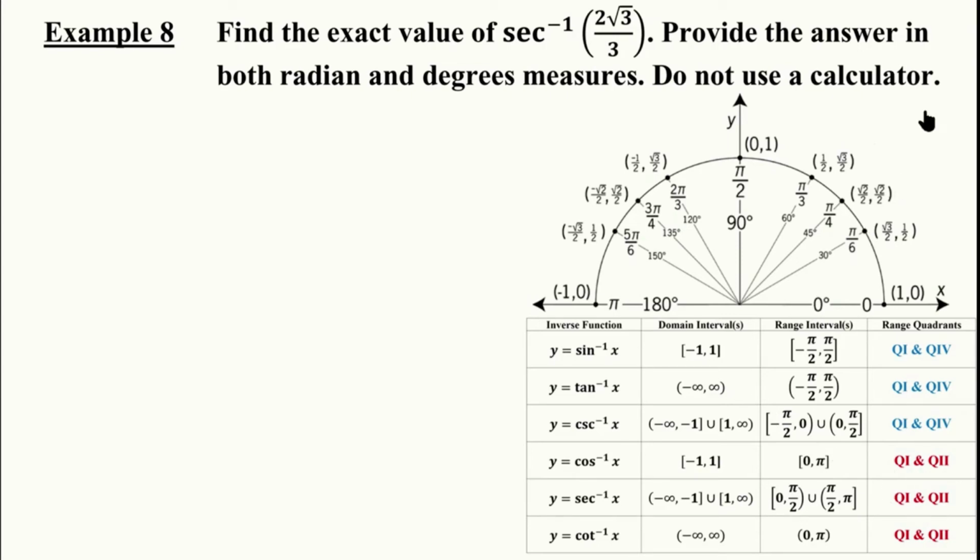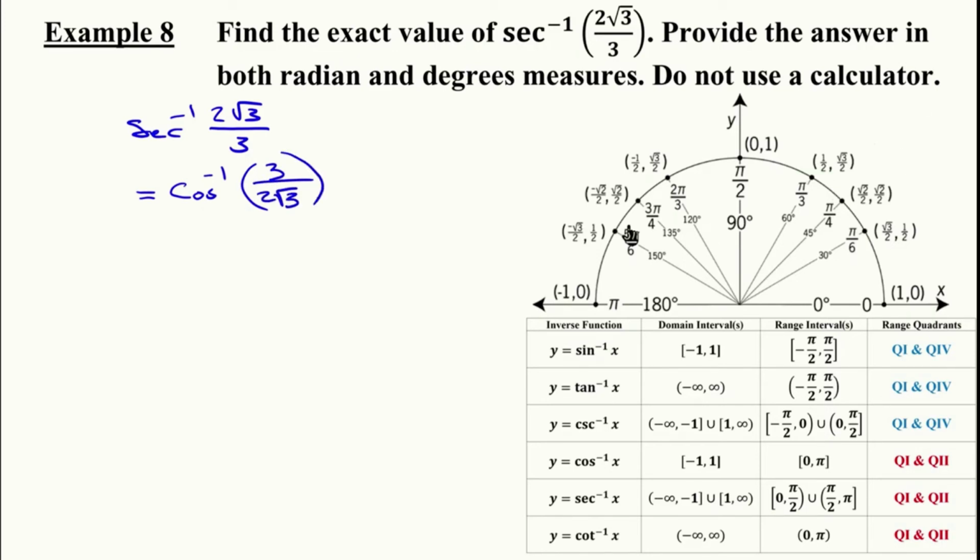All right, so this time we can just safely say inverse secant of 2 radical 3 over 3 is equal to the inverse cosine of the reciprocal of that, which is 3 over 2 radical 3.